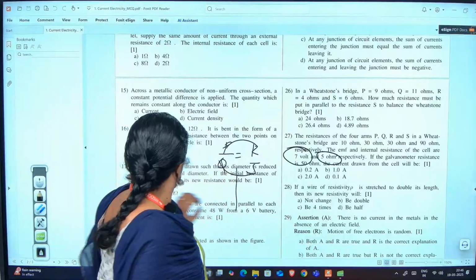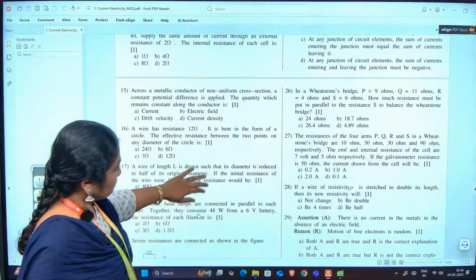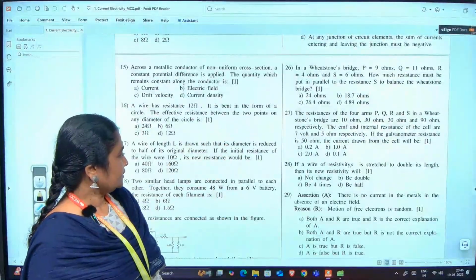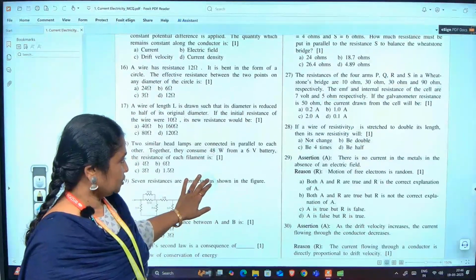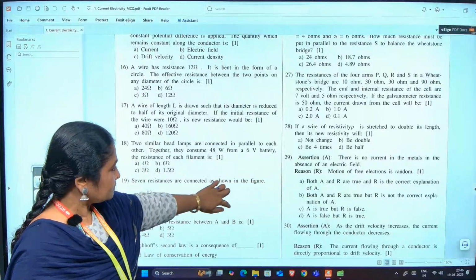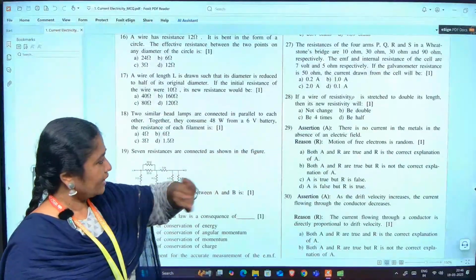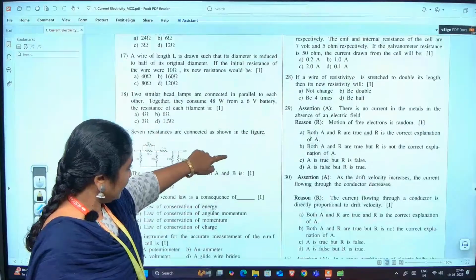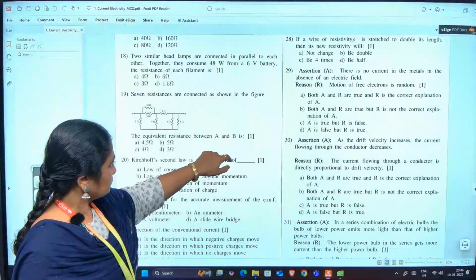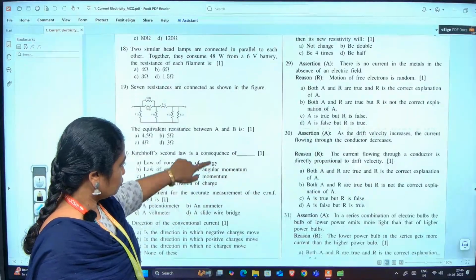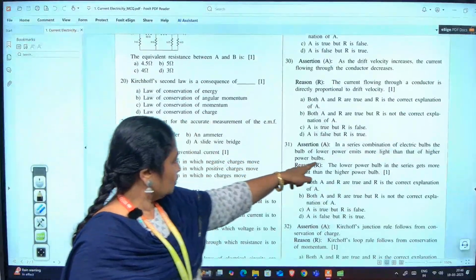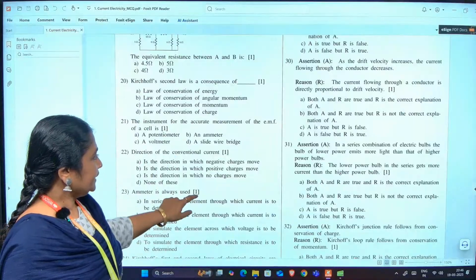Now 28th sum. The resistivity, even when the length is doubled, the new resistivity will not change. There is no net current in the metals because the electrons are moving randomly. 29 is A. 30th one, A is false, R is true. And in this, lower power will have higher light.